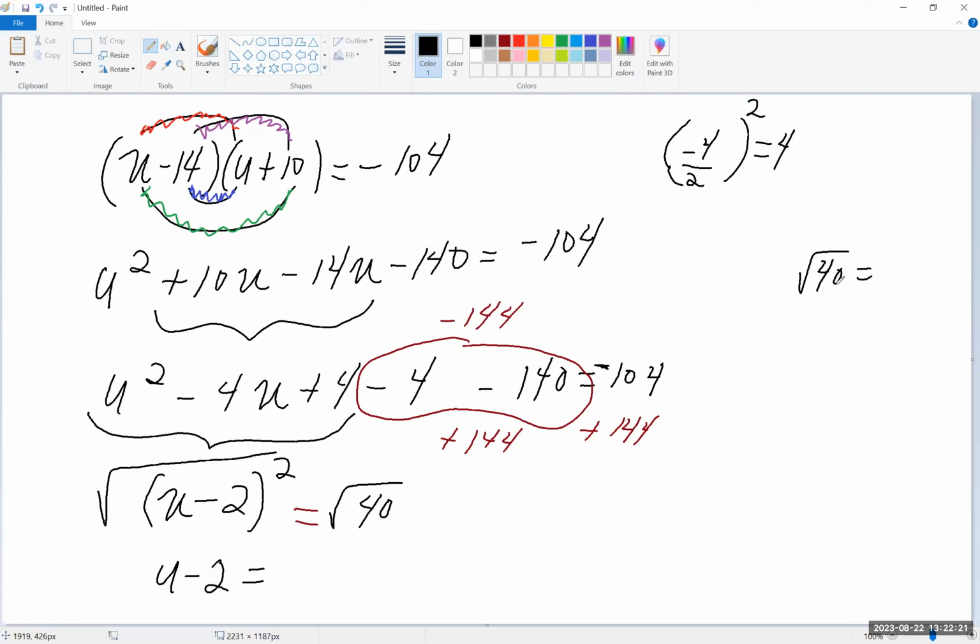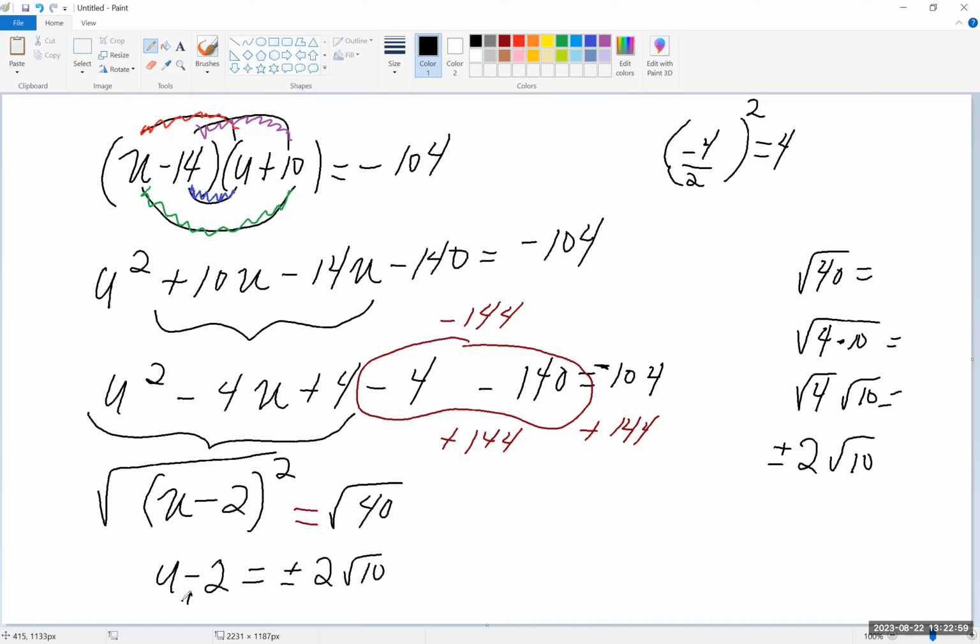Square root of 40 is the same as the square root of 4 times 10, which is the same as the square root of 4 times the square root of 10, which is 2 root 10. That might be a little bit tricky for us if we don't remember how to do that. So I'm left with plus or minus 2 root 10.